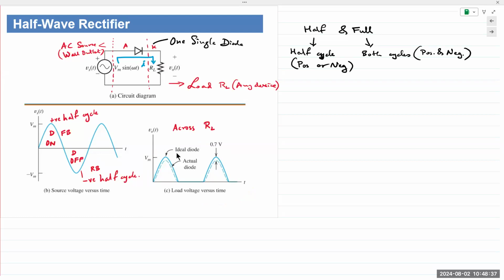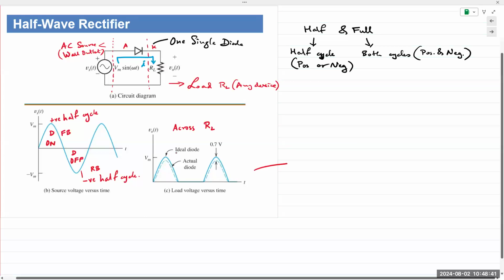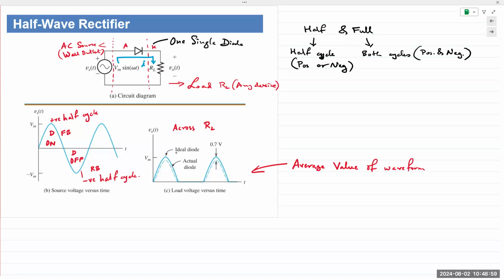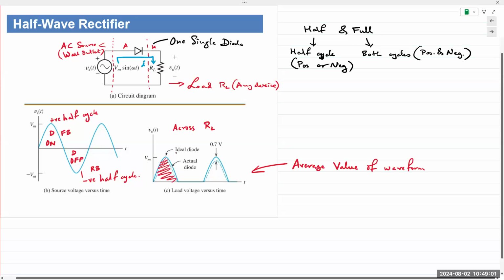But the way we would use this as DC is we would use the average value of this waveform, or average value of the voltage. We could say that the average value would be a summation of 1/2 cycle, right? Area under the curve.